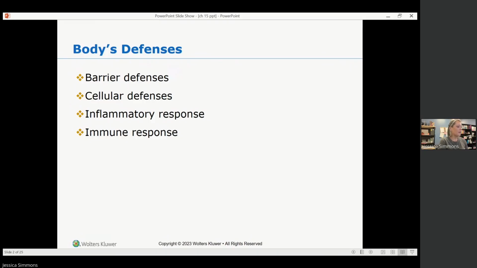Then you have cellular defenses, which are your leukocytes, including neutrophils, basophils, eosinophils, monocytes, macrophages, and lymphoid tissues. Then you have your inflammatory response.